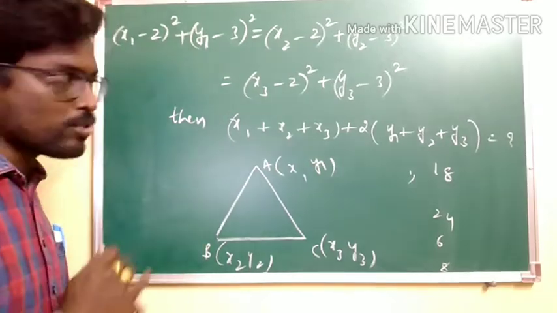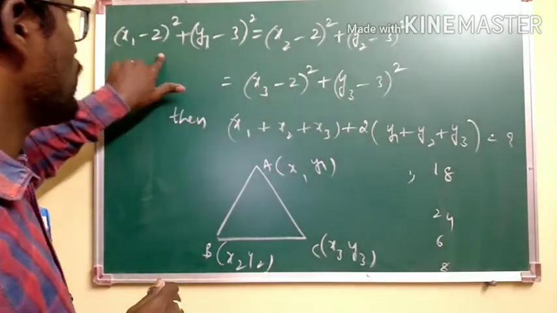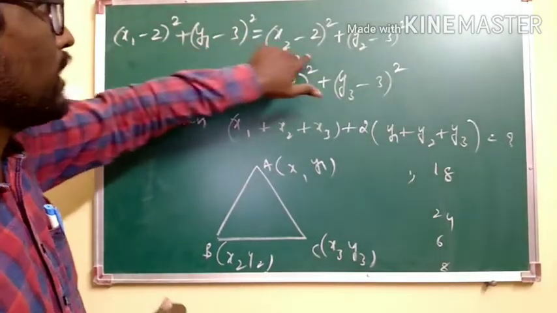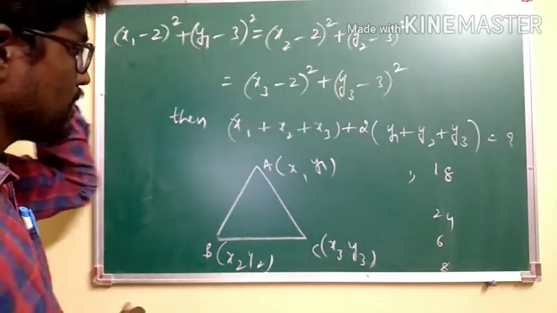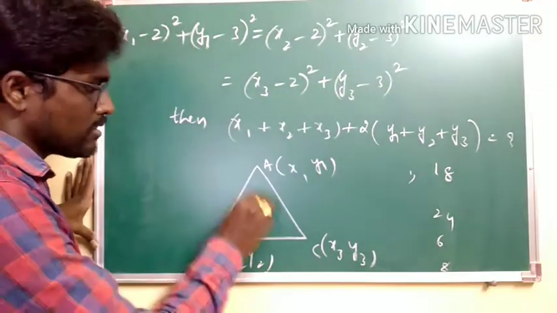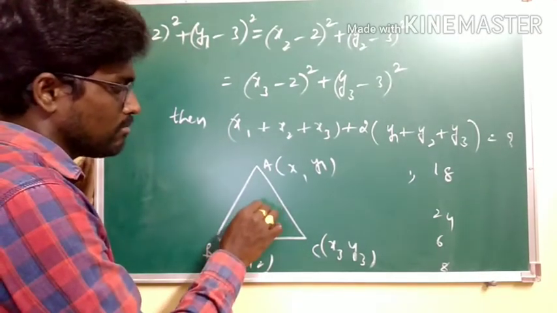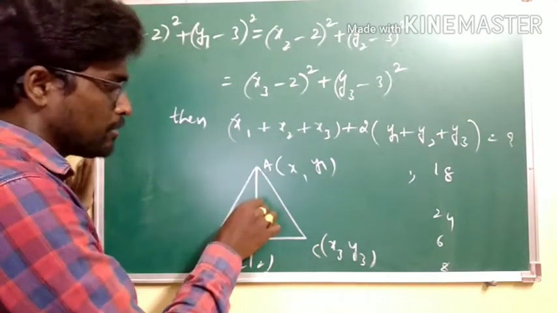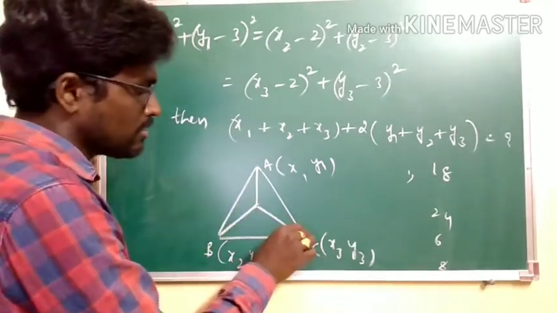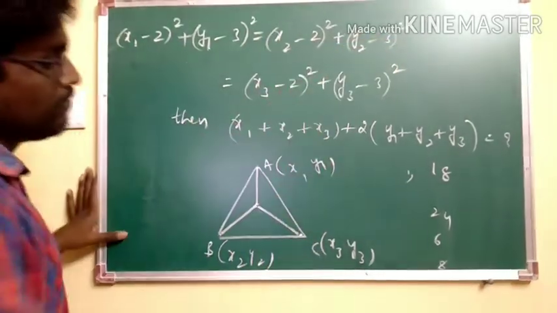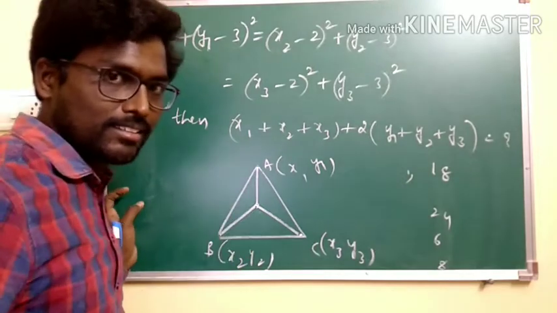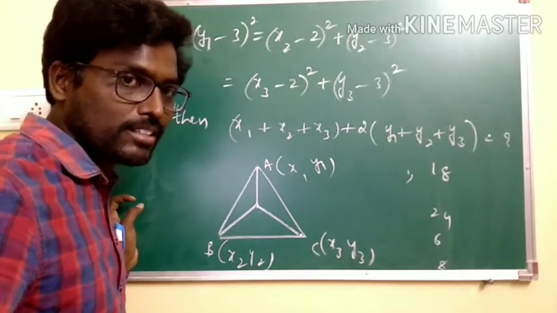Here in every case you notice that x1 minus 2 whole square plus y1 minus 3 whole square, minus 2, minus 3 means you are taking the distance from some particular point. Let's say this is the point, the distance between this and this and this is equal according to the question. So what can that point be?